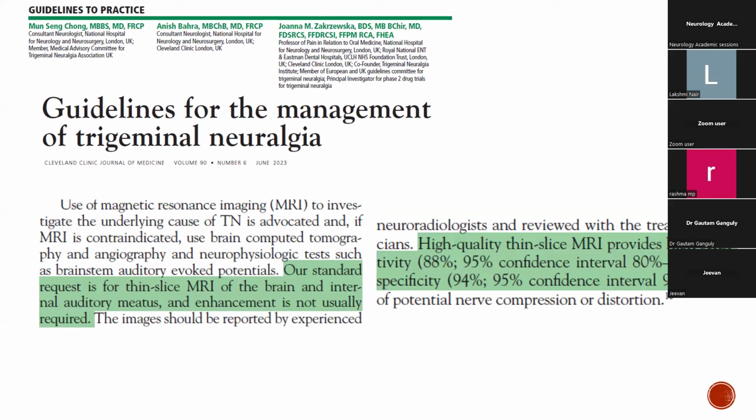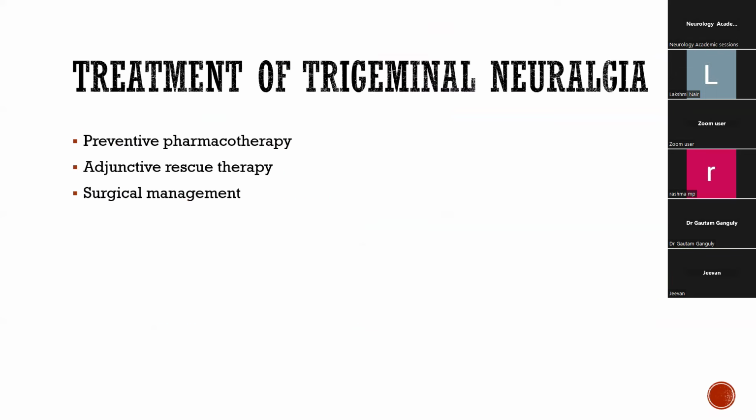And this is another guideline, published in 2003 by the Cleveland group. They also suggest that thin slice MRI of the brain as well as the internal auditory meatus is suggested in all the patients with trigeminal neuralgia.